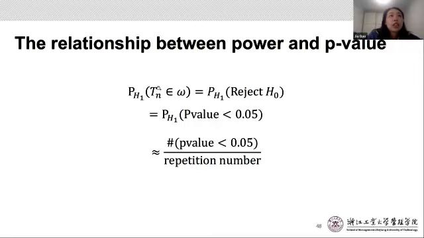The left part is the power function, and then it can be written as this formula. From this derivation, we can see that the higher the value of our power function, the higher the probability that the p-values are less than 0.05, which means that we can easily get statistically significant results.